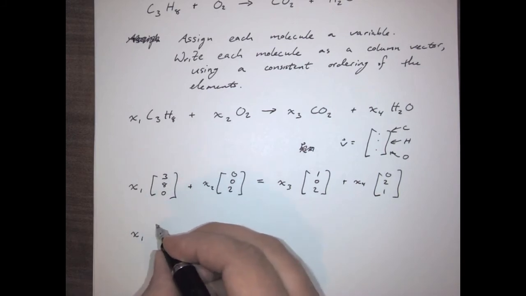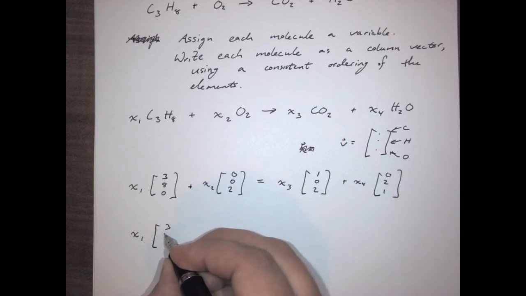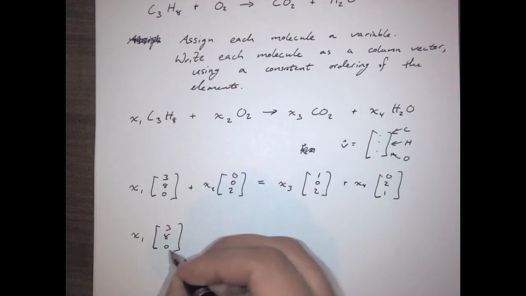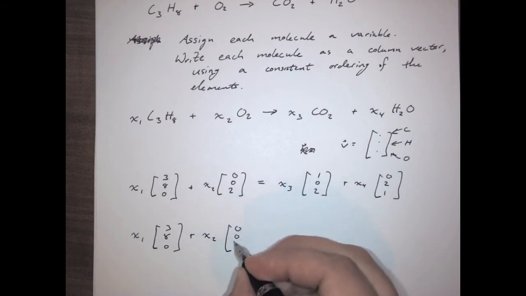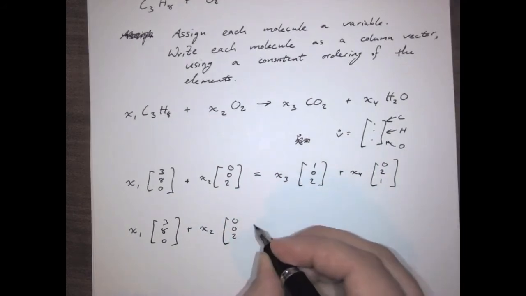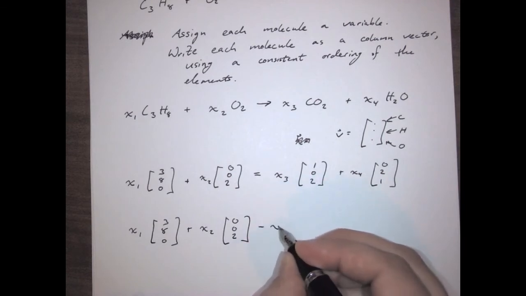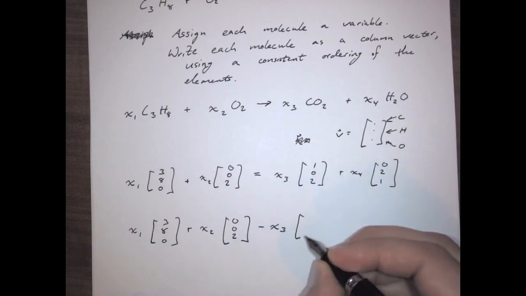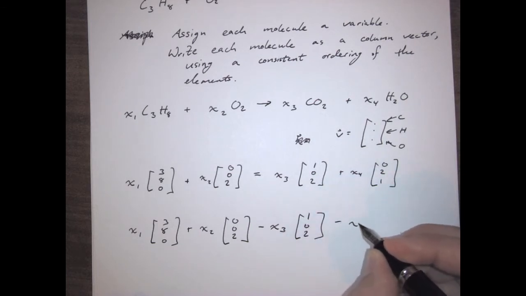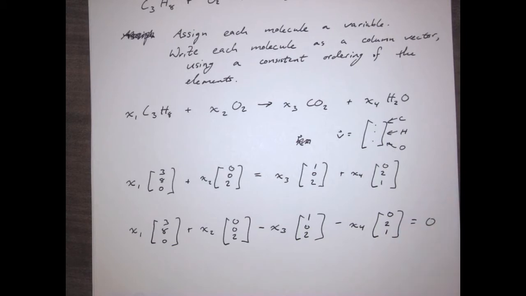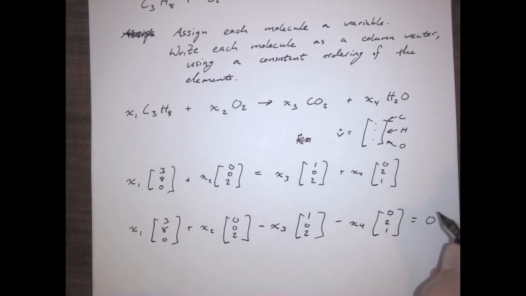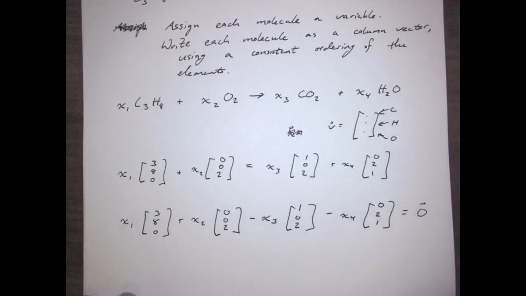So then x1, 3, 8, 0, plus x2, 0, 0, 2, minus x3, 1, 0, 2, minus x4, 0, 2, 1, and that's all going to equal the 0 vector, 0, 0, 0.